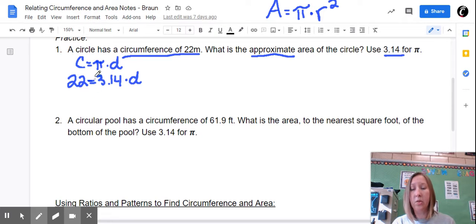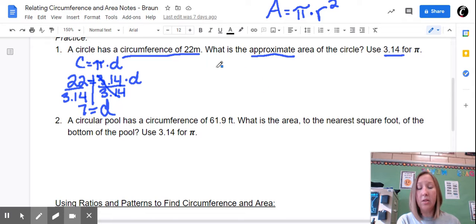In order to do that, we're just going to solve our equation. So draw our line down the equal sign. And I'm going to divide both sides by 3.14. On the right, that's going to cancel out. And on the left, I am going to get approximately 7. So when I do 22 divided by 3.14, that is going to be about 7. So my diameter is about 7.